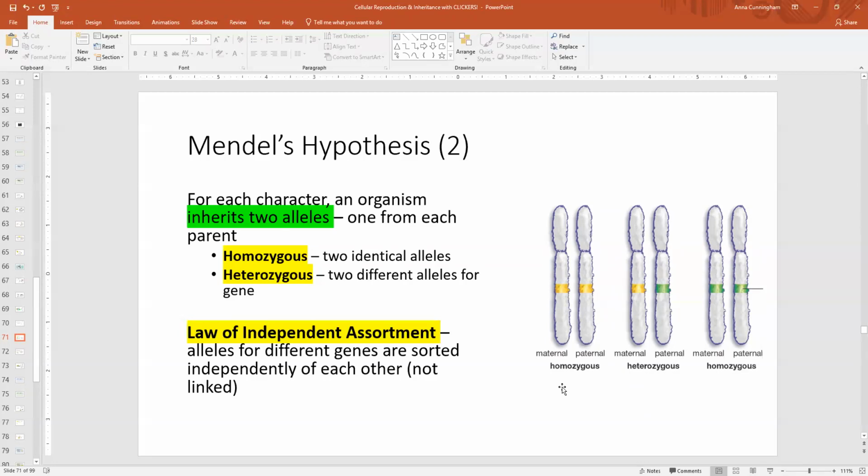All right, so like I mentioned, we're inheriting chromosomes with alleles. They could be the same allele, homozygous, or two different alleles, heterozygous. So if we're looking at those chromosomes, how do we know, with the heterozygous chromosomes, which trait, yellow or green, will be expressed?